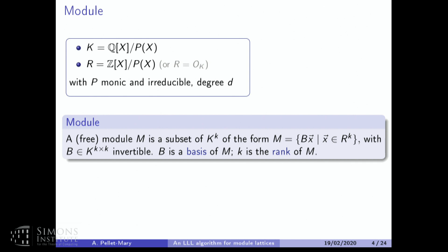This basis lives in the field, but the linear combinations should be ring combinations. If you think about K as being Q and R as being the integers Z, this is just a lattice.